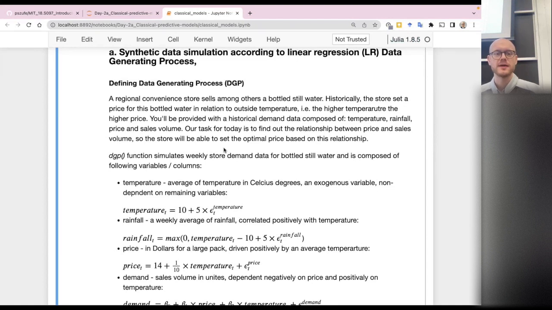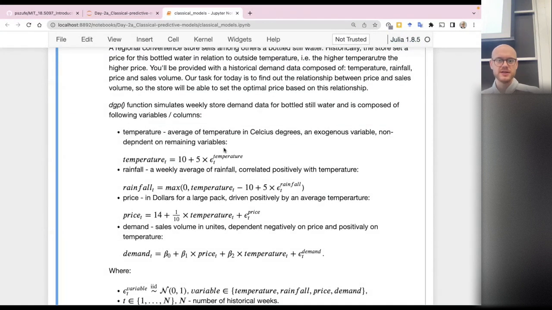This regional convenience store sells some products, and here we are interested in bottled still water. We will have 4 types of information: weekly data about the temperature in this region, the average rainfall, the price in a particular week and store, and demand, which is simply the sales volume of the bottled still water.